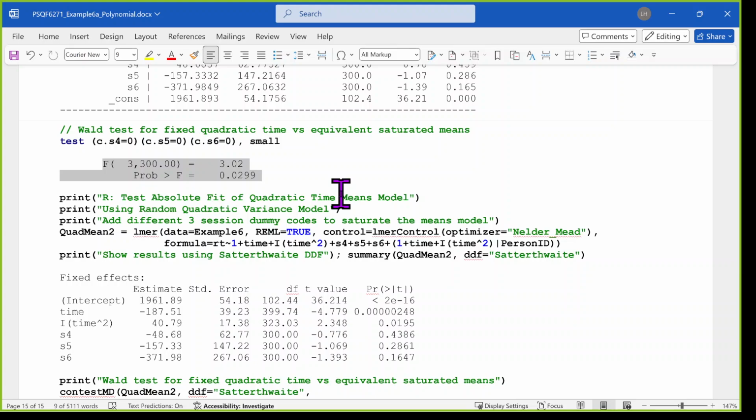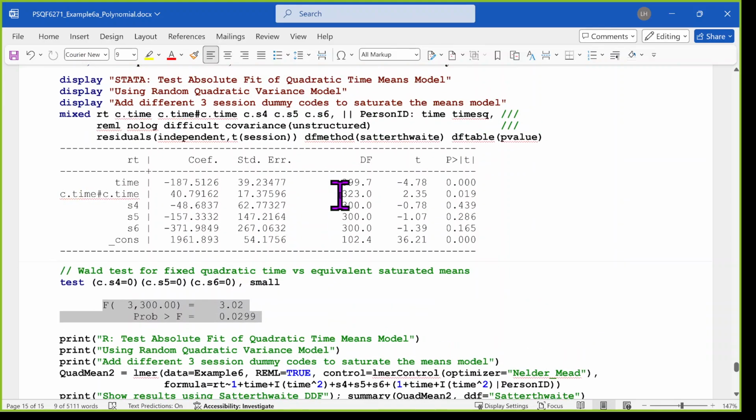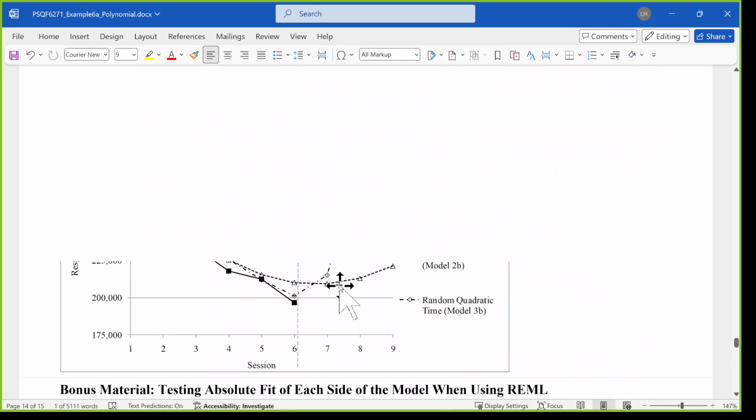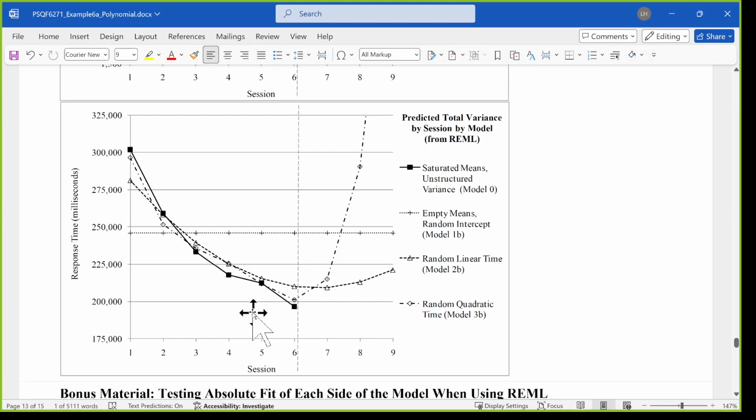So the connection to SEM, by the way, when you set up these models as structural equation models, you have to shut off the intercepts that go with the observed occasions because you've pushed all of the information about the means up to the latent variables. To allow essentially a deviation, like if your model doesn't fit a particular occasion, if you allow that intercept to be estimated, that is functionally the same thing as what we're doing here. If I go back to my picture, where the issue is in this function, it looks like the quadratic doesn't match the middle two.